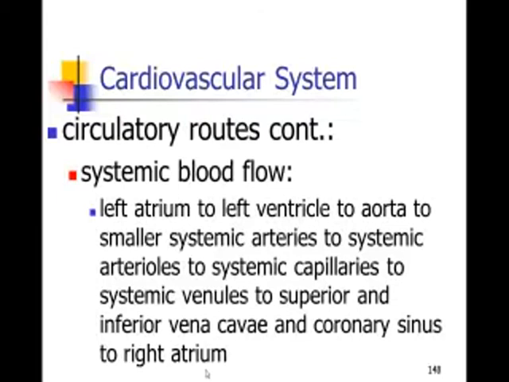Systemic blood flow is going to start in the left atrium. The blood came into the left atrium from four vessels, the four pulmonary veins, goes over the bicuspid or mitral valve to the left ventricle, then over the aortic semilunar valve into the aorta, and then out into the branches of the aorta.